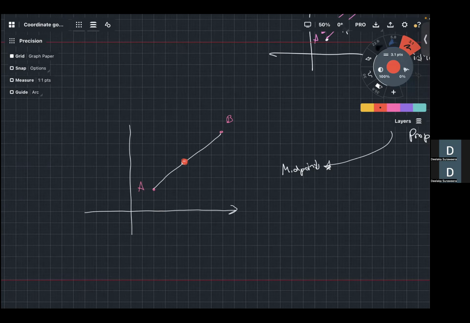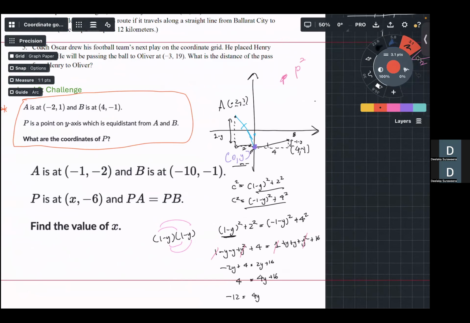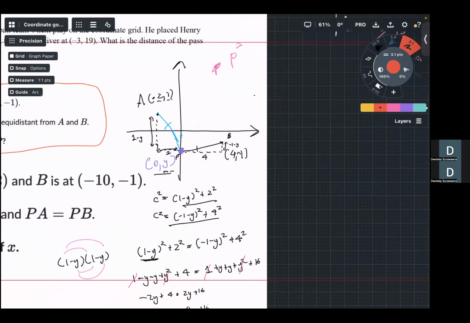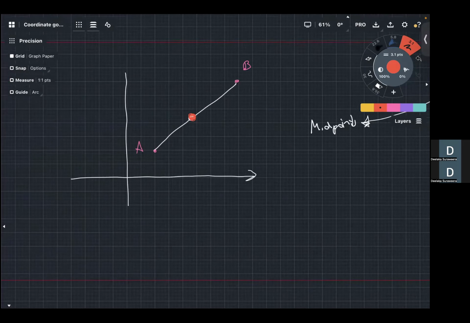Partially correct, but not fully there, because we just saw this example, right? This point is equal distance from both A and B. But is that a midpoint? No. So equal distance is one part of the property.